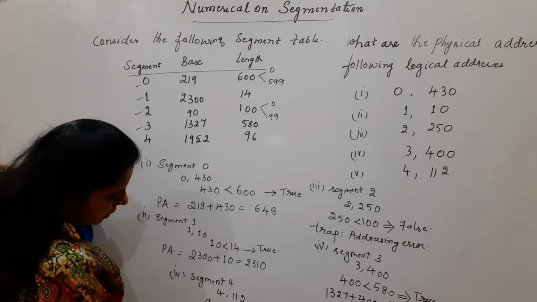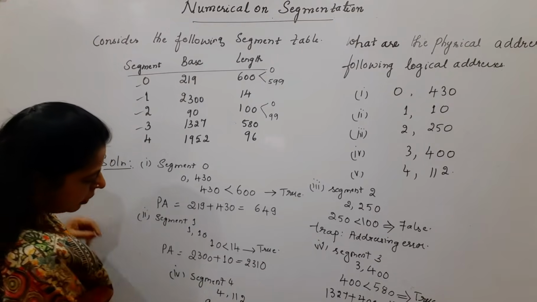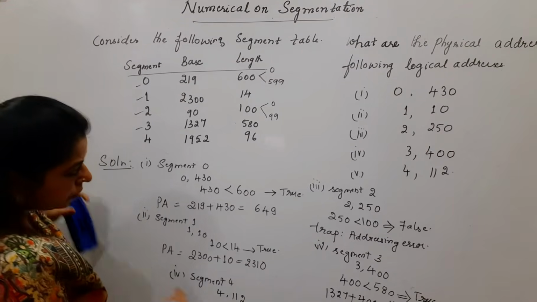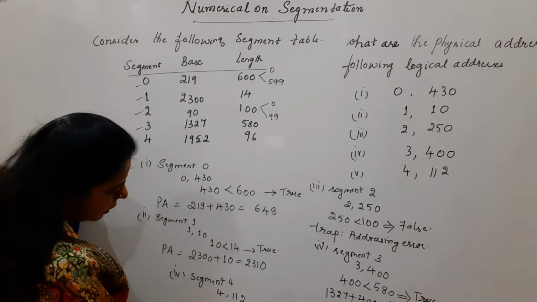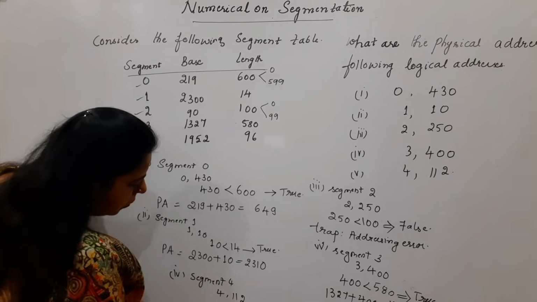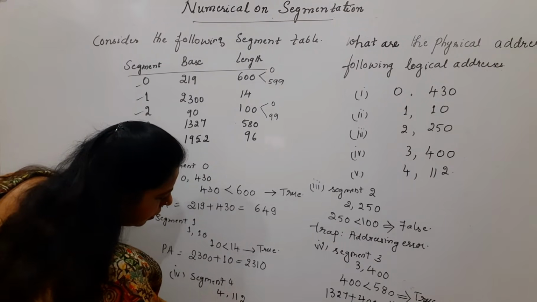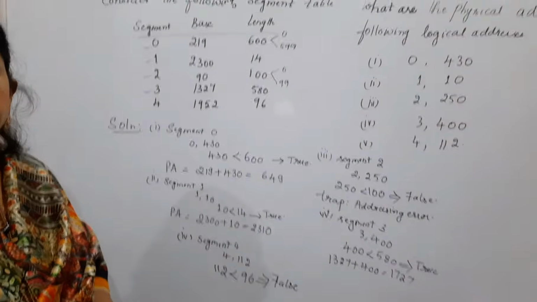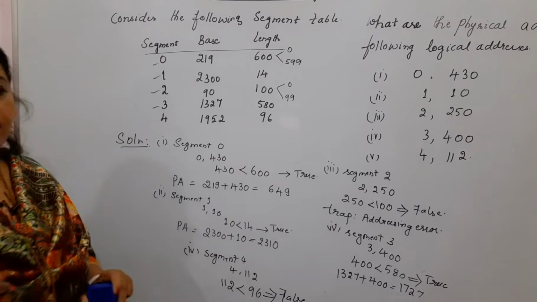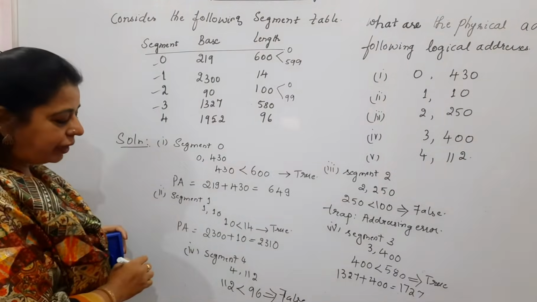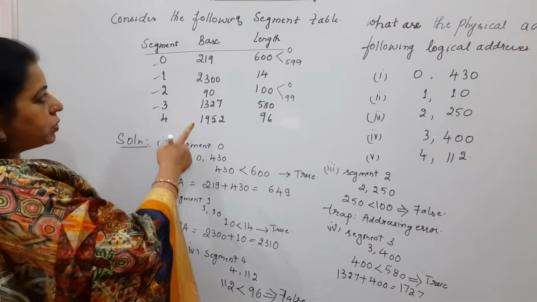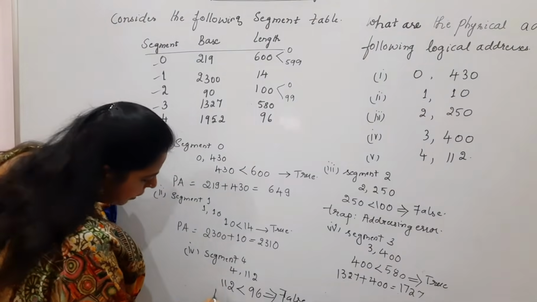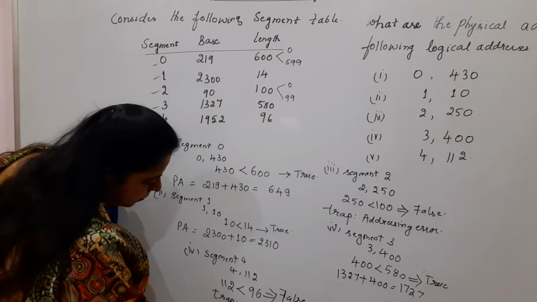Whether 112 is less than 96? No. Here the condition becomes false. If it is false, it is an invalid value. If it is an invalid value, you are not supposed to add it with the base address. You can write down it is a trap, it is an addressing error here.